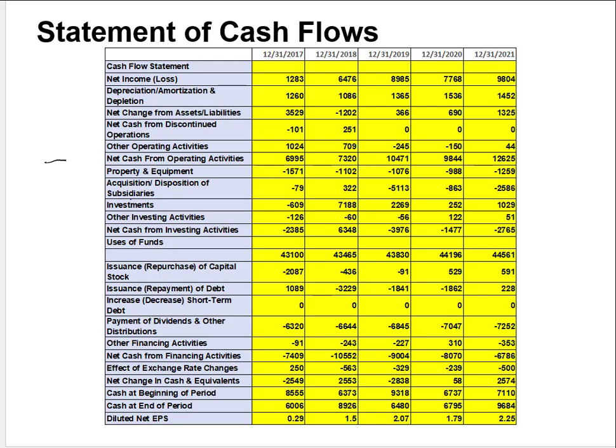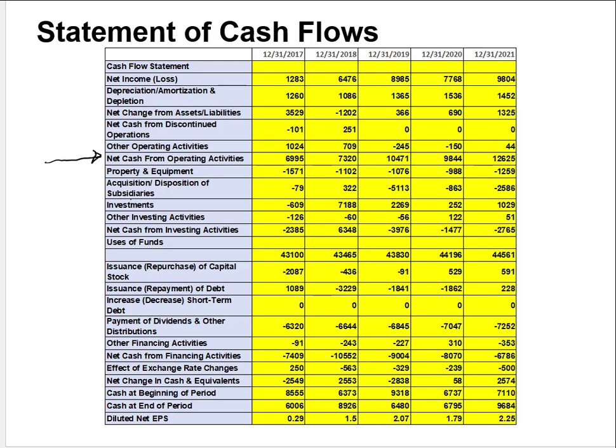Here's net cash from operating activities. Whatever this company is, this is Coca-Cola, by the way. As we go across here, we can see that every year they have positive cash coming in the company from selling their product.